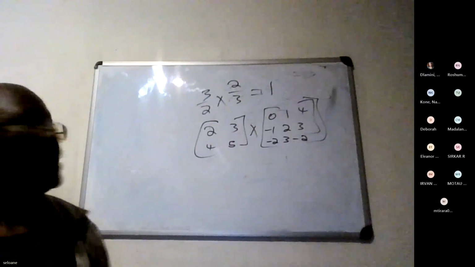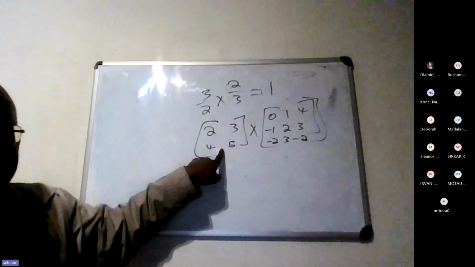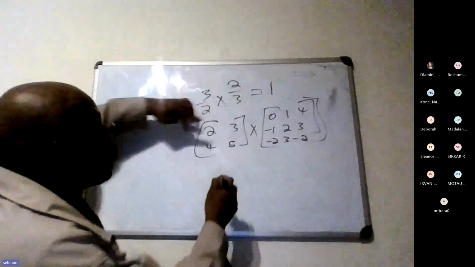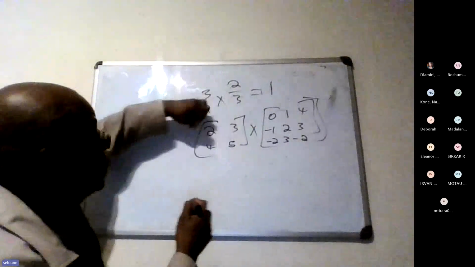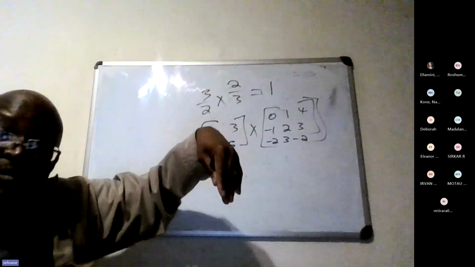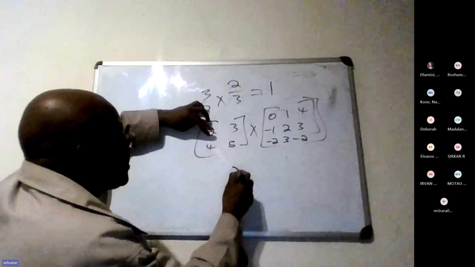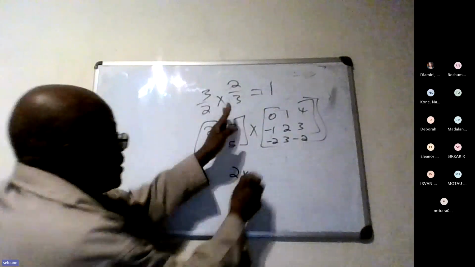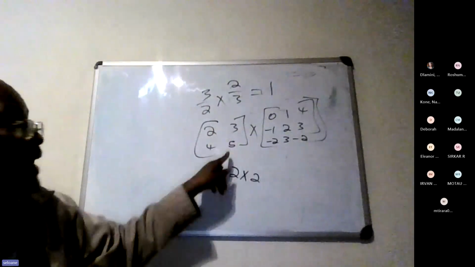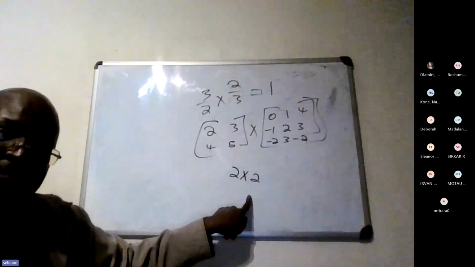Let's see. What are the dimensions of this? This is 2 rows. Remember the dimensions. You start with the number of rows first. It will be how many rows? 2 rows. Multiplied by how many columns? 2 columns. Therefore, this is a 2 by 2 matrix.